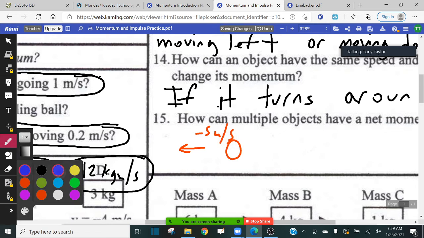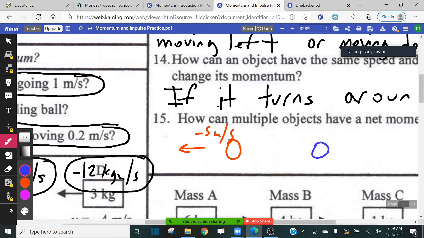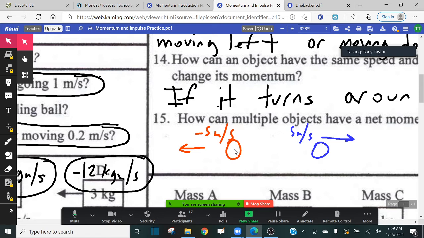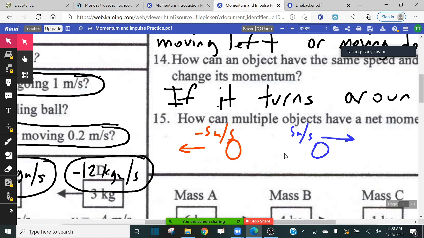And we compare that to another ball, and again, we're assuming these balls have the same mass. This ball is moving at 5 meters per second, but in the opposite direction. When you combine those momentums, what's -5 combined with +5? Well, that gives you 0.